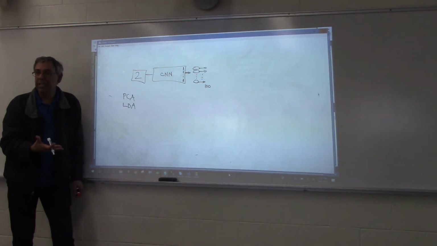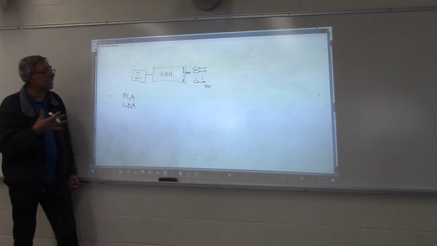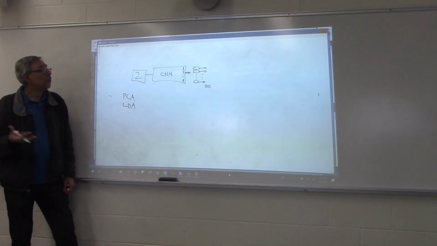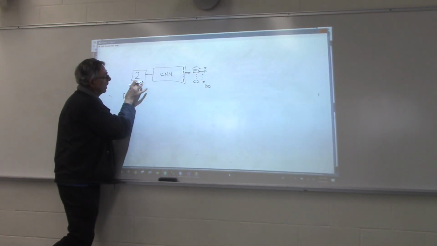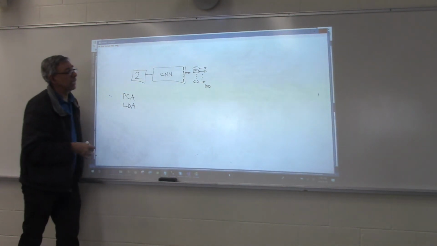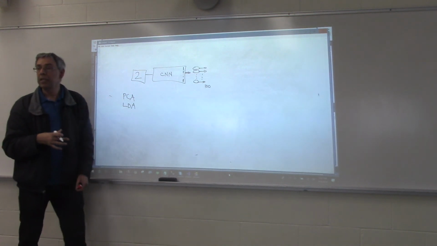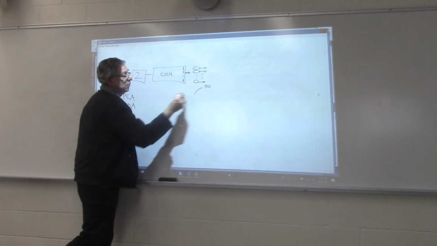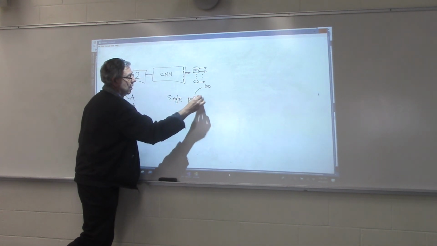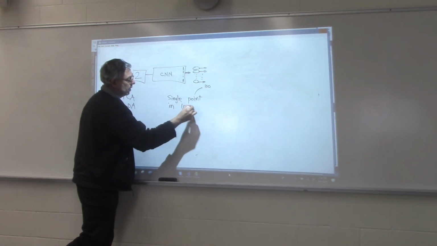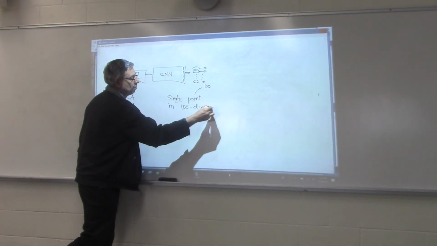This is also doing it. So let's try to see what's the difference between the two, and which one might work better. We gave it an input of 2. It gave us 100 values. Think of these 100 values as a single point in 100-dimensional space.